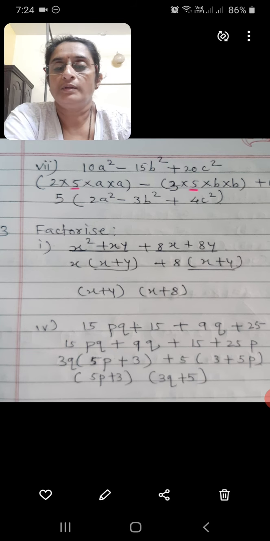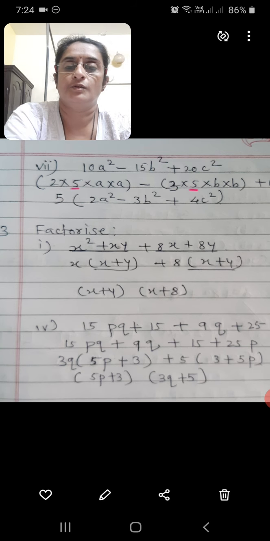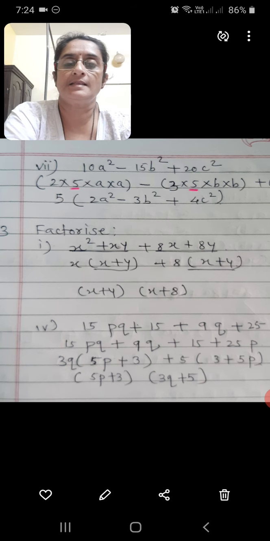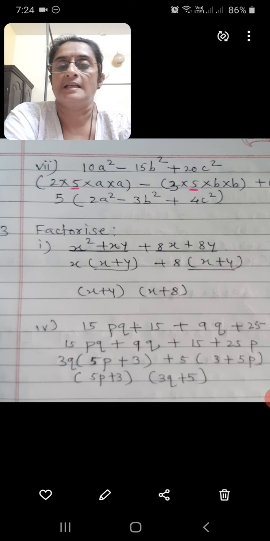So for both these brackets we are going to take only one bracket, that is x plus y, and whatever is remaining outside the bracket we are going to put in the other bracket. So what is remaining from x and plus 8? So x plus 8 will be in the second bracket. So the factors of this given term are x plus y and x plus 8.